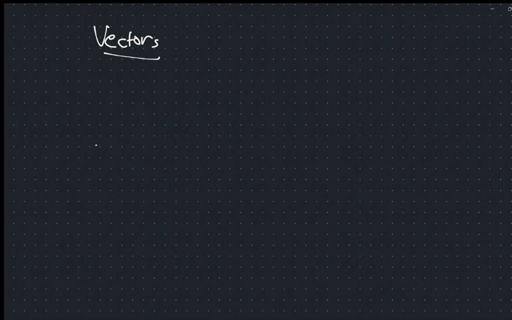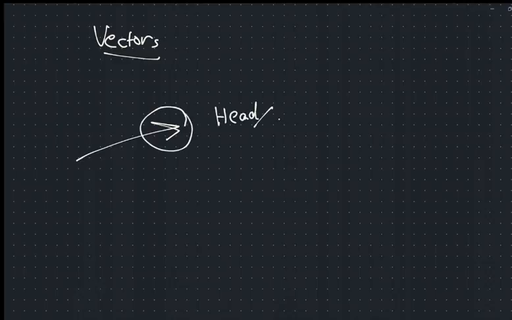So what are vectors? Vectors look like this. They have 2 parts. They have this part, which is called a head or a tip, and this part, which is called a tail. And vectors are really useful when representing some physical quantities in terms of 2 things, magnitude and direction.